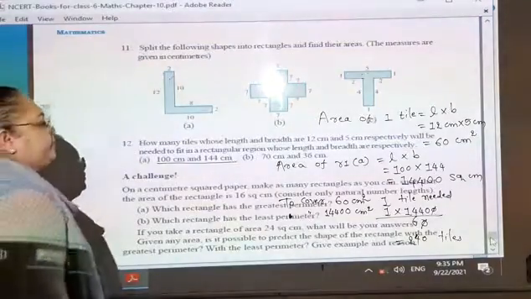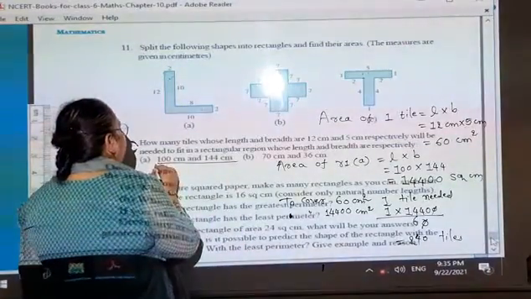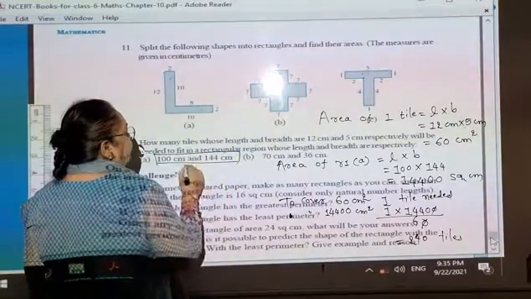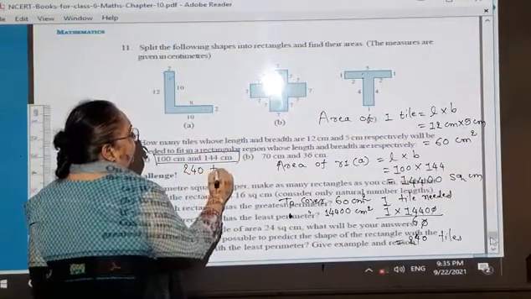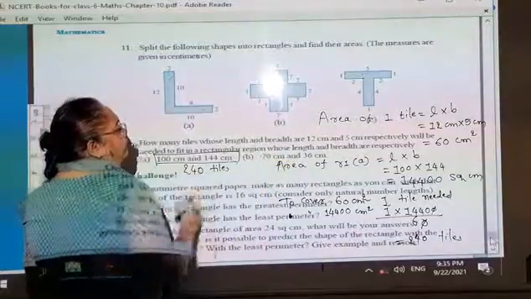Got it? चलो, ये हो गया ये A का आंसर. How many tiles are needed? 240 tiles. Now for B.